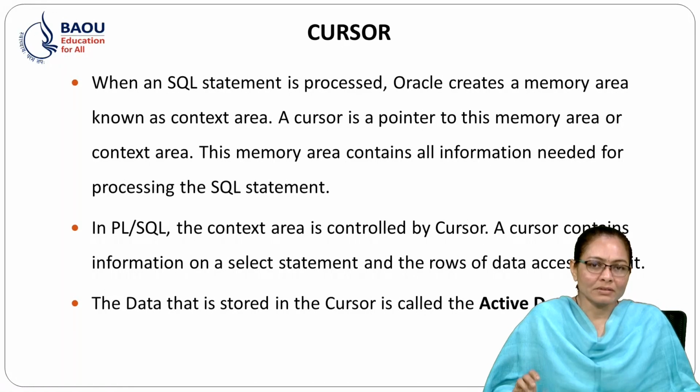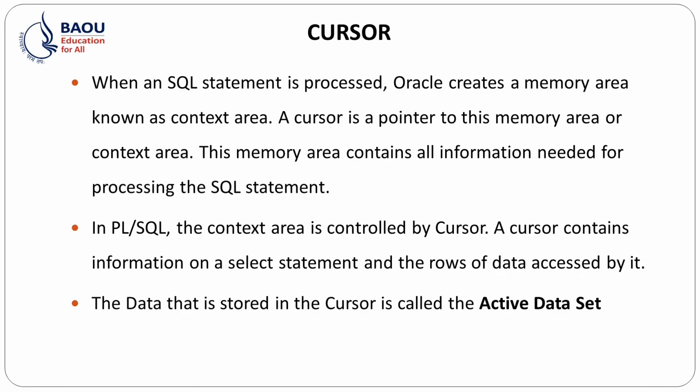Oracle uses a work area to execute the SQL commands and store processing information, and we access this area using the cursor name. For the execution of every SQL statement, a certain area in memory is allocated. This private SQL area is called the context area or a cursor.